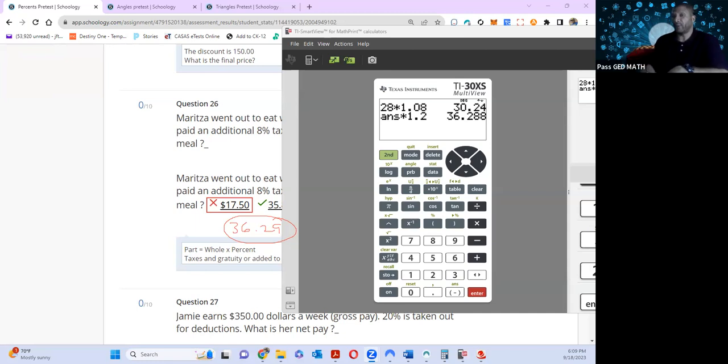When you look at that bill to pay that gratuity, that's after the tax is added on. Most people don't figure the gratuity from the original bill, right? So when you see the total bill at the bottom, the tax is already added. So that means you can go times 1.08 and then turn right around and times 1.2. Your new total is 36.29.